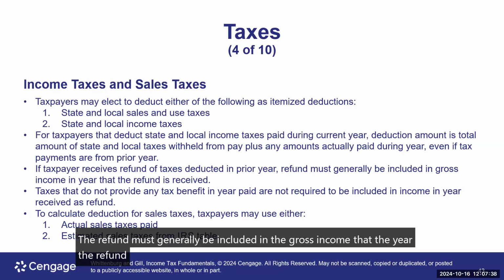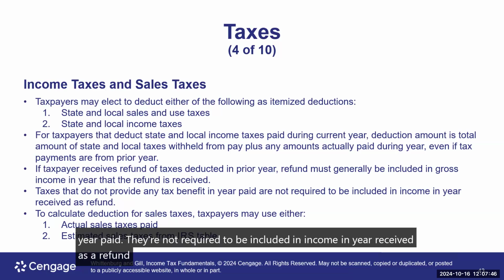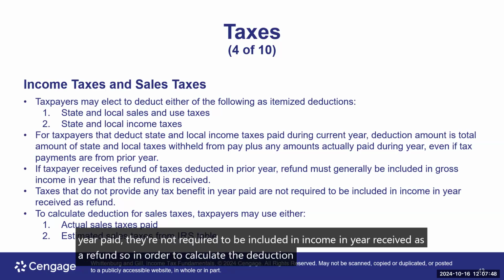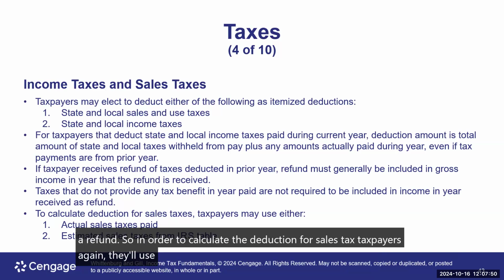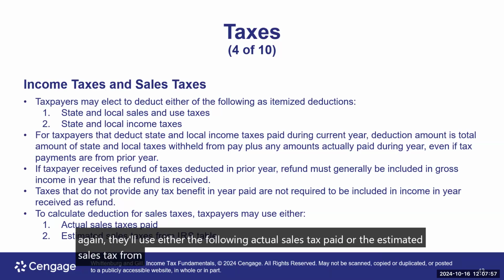Any taxes that did not provide a tax benefit in the year paid are not required to be included in income in the year received as a refund. In order to calculate the deduction for sales tax, taxpayers will use either the actual sales tax paid or the estimated sales tax from the IRS table.